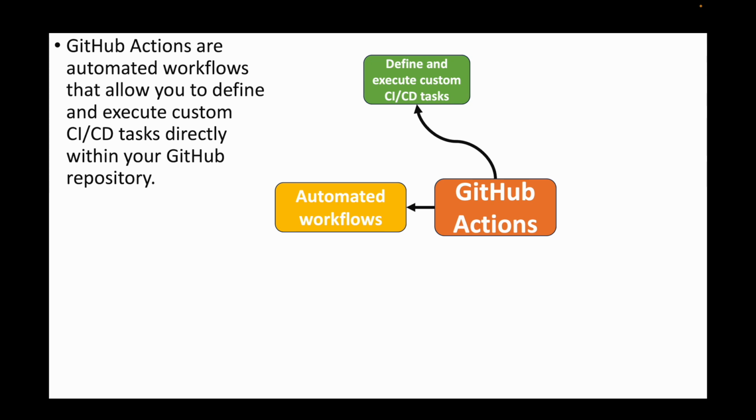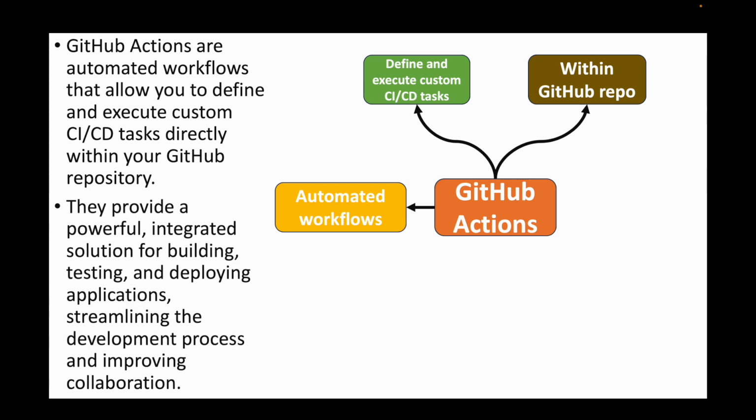So with this, we can basically define your CI/CD task directly within the GitHub repo itself. So we basically define a YAML file with the instructions as to what you want to do, like your build, test, deploy, all those instructions we can define within the repo itself, which is where we can make use of your GitHub Actions.